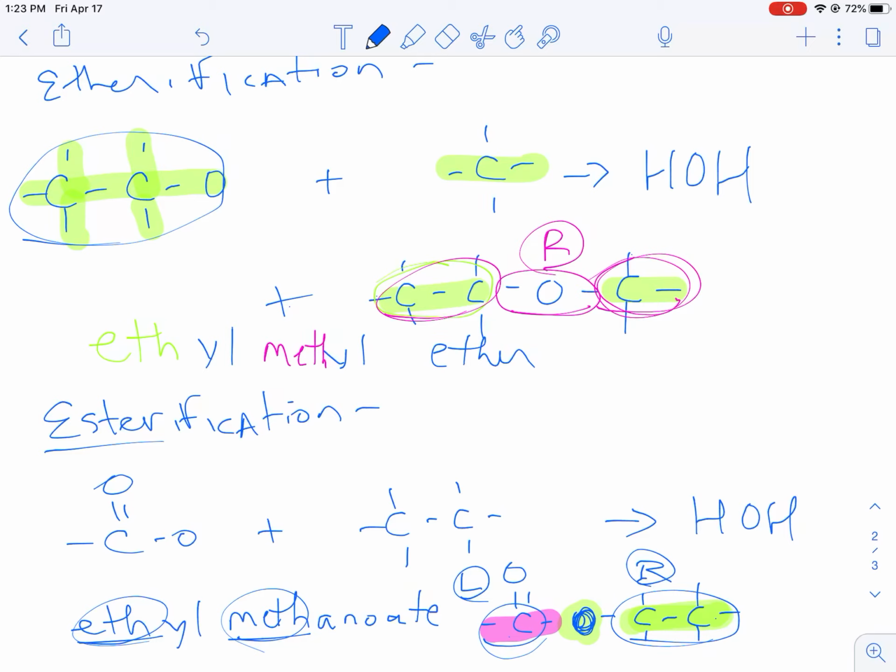Now, if I know what meth means, you have 1 carbon. Prop means I have 3 carbons. If you realize that chain breaking O embedded in there on the reference table example for ester, to the right of that is a 1 carbon. That's where the methyl is coming from. To the left of that is 3 carbons.